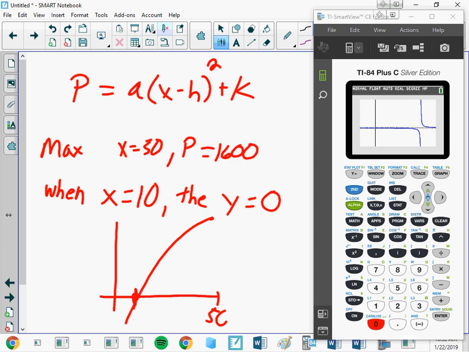So the graph looks like this. Okay. How did I know that it pointed down? It said maximum, so it had to point down.